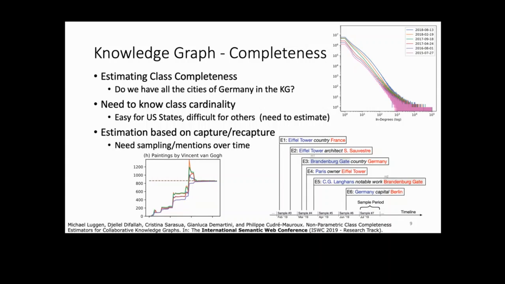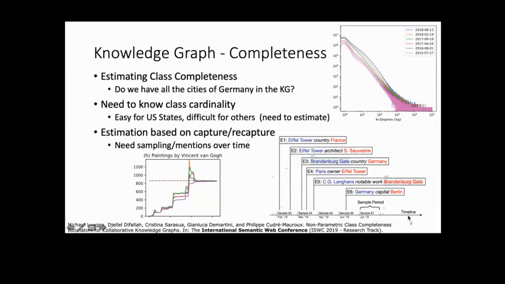By doing this, when you recapture lions that you have tagged previously, by measuring how many new lions and already observed lions you capture each time, you are able to estimate the total number of lions in the savannah. So we apply that idea to entities in Wikidata, and we do the following.